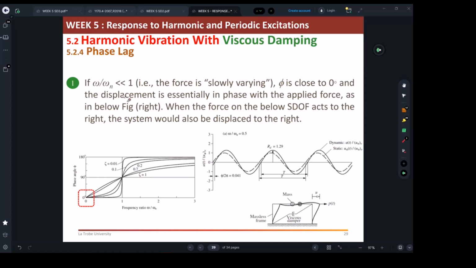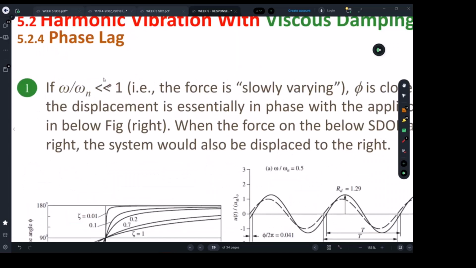Can someone just confirm to me what this situation physically means in terms of a building on a ground that is under excitation? Just imagine and think, what does this mean?